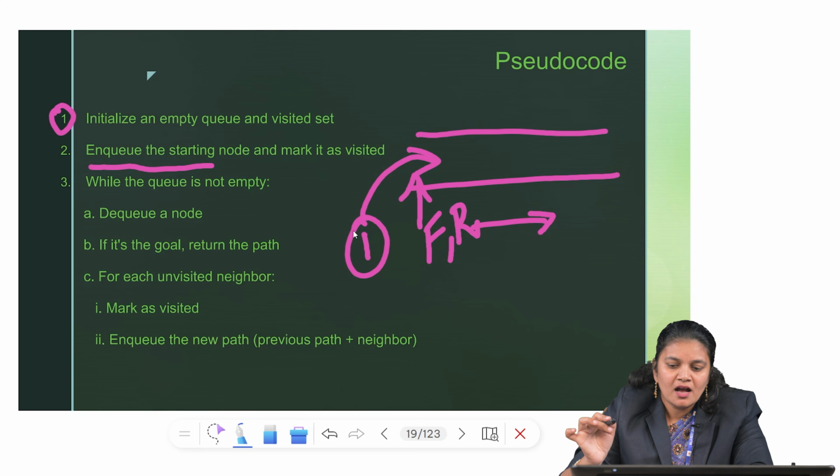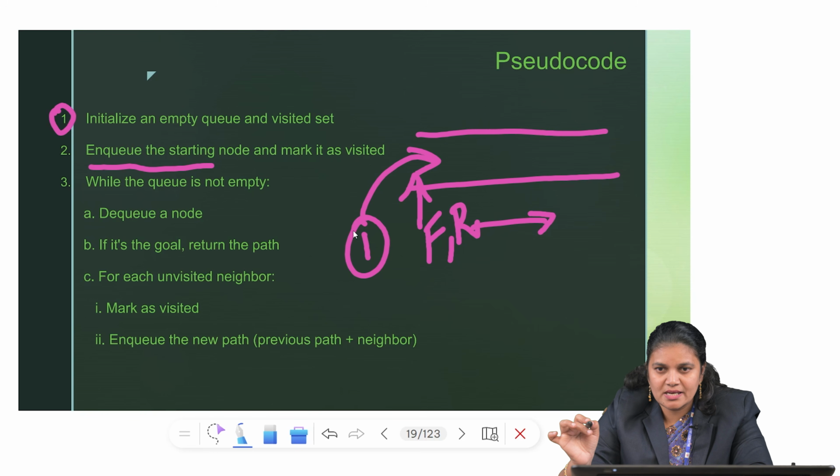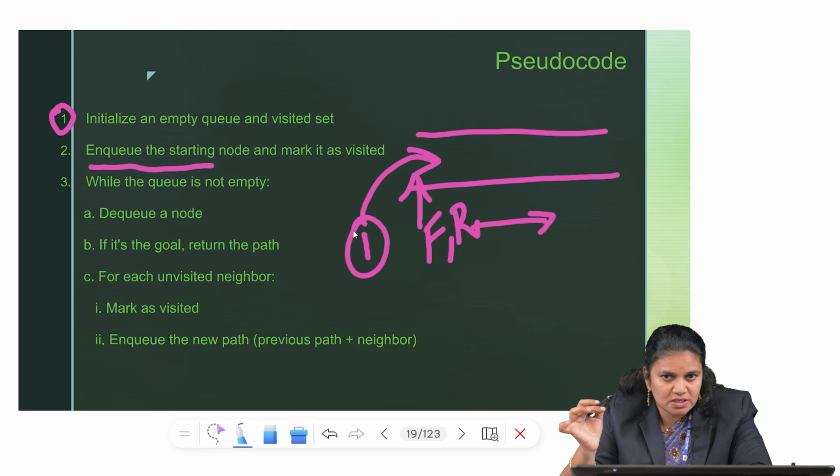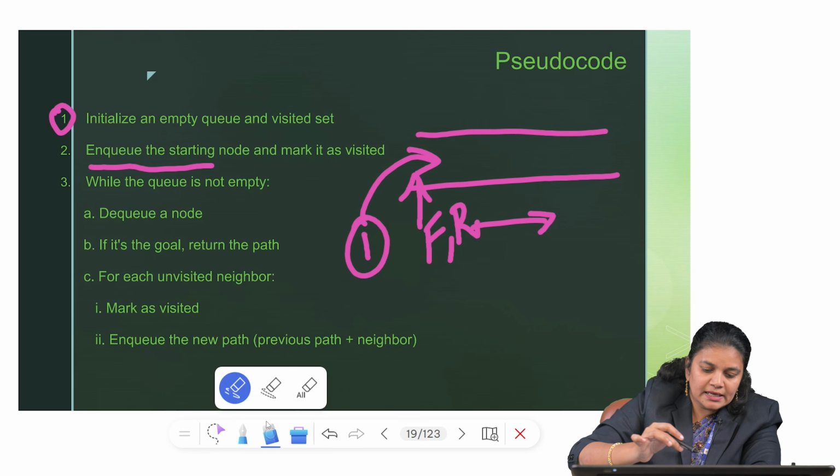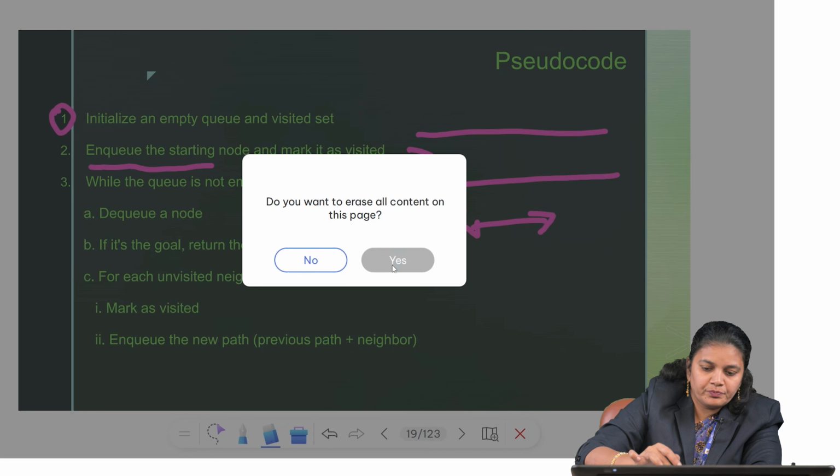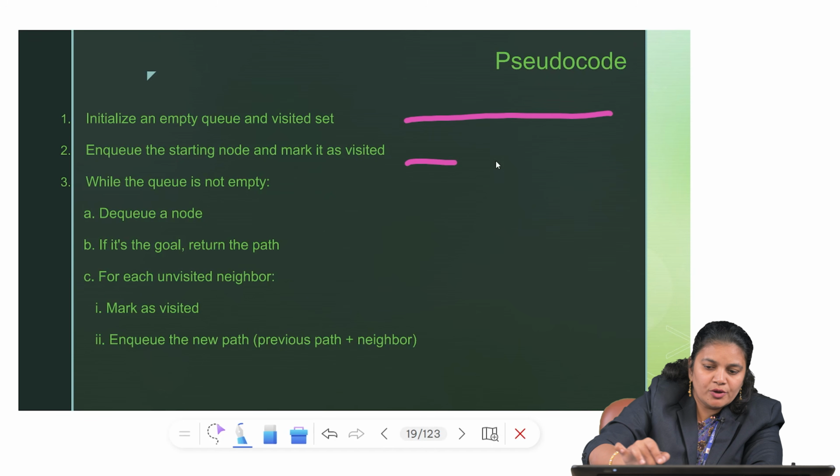Finally, until the queue gets emptied, one by one, we are going to take them out and explore them. Initially, 1 is being kept inside and 1 is marked as visited. So when 1 comes out, what happens? From the previous example, 2, 3 and 4, its 3 children will get inside. So we can tell like this. We'll have the queue. 1 will enter inside. Now into the visited set.